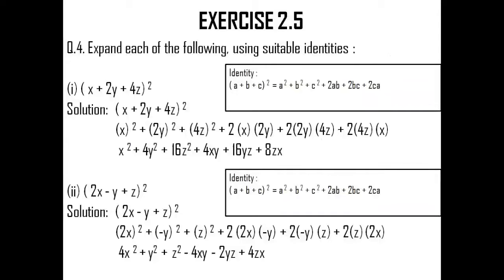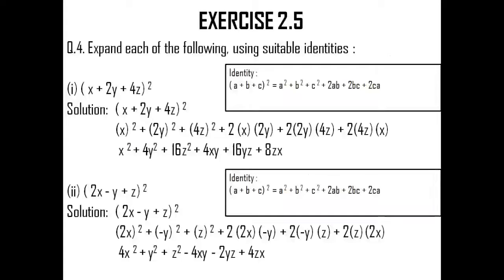Now, as you could read, question number 4 asks us to expand each of the following using a suitable identity. The first question is x plus 2y plus 4z to whole square. So how many terms are there inside the bracket? 3 terms.